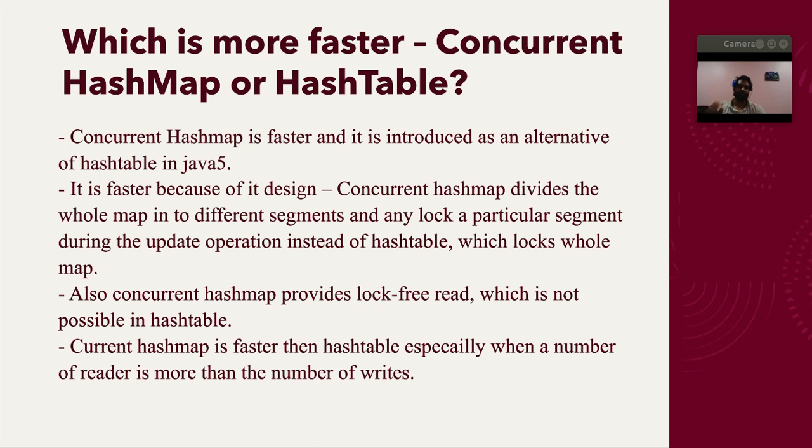That's why ConcurrentHashMap is faster than Hashtable, especially when the number of reads is much more than the number of writes. So guys, I hope you understand why ConcurrentHashMap is much faster than Hashtable.